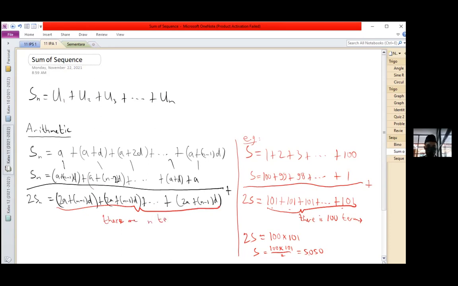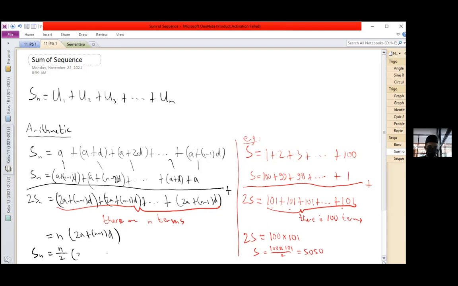That's why this is equal to n times 2a plus n minus 1 times d, and this is 2Sn. So Sn is this divided by 2. We can write it down like this: n over 2 times 2a plus n minus 1 times d.